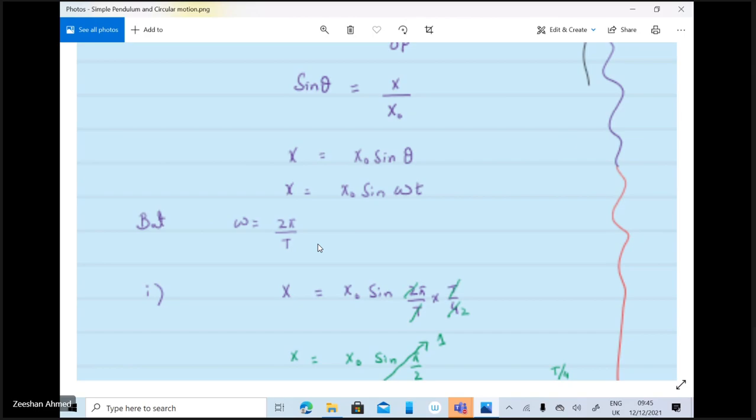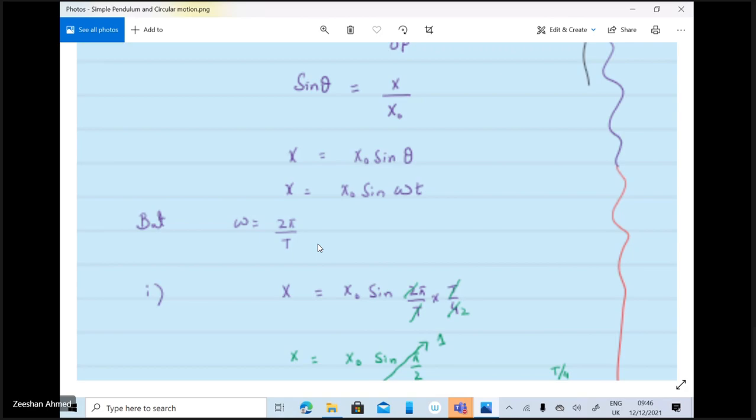From here to here is 1 hour, or 15 minutes in the quarter. So can I write this time that I divided, that is basically t equals T by 4?